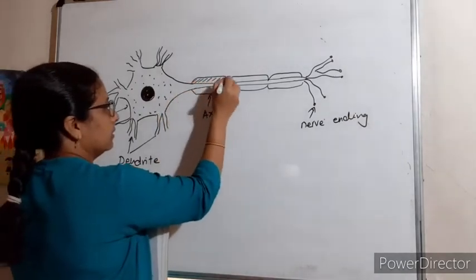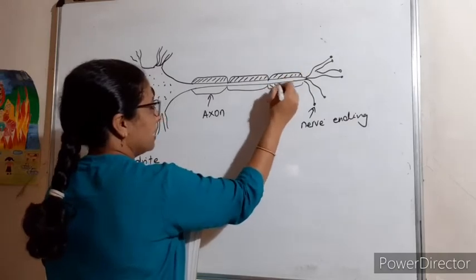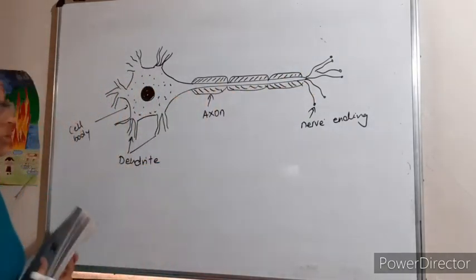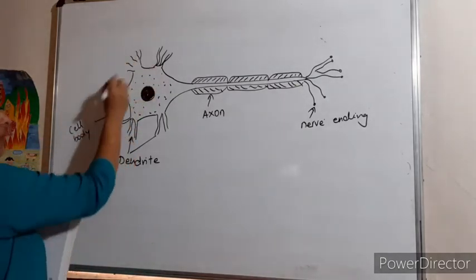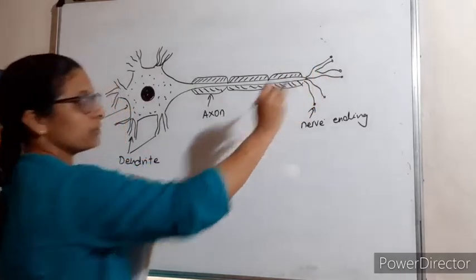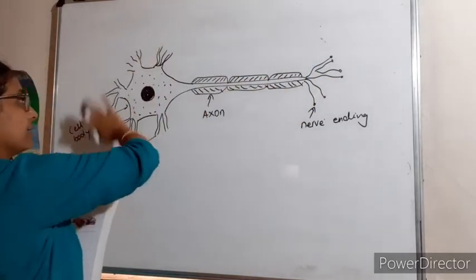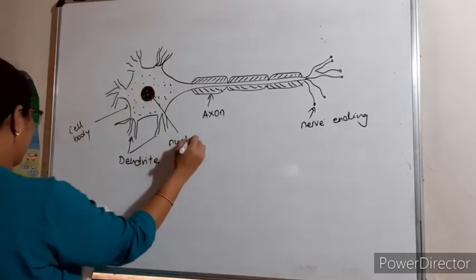So here are the dendrites, these are the small fibers, and this is the axon, which is the long fiber. This is the head, it is the tail, this is the cell body, and this is the nucleus.